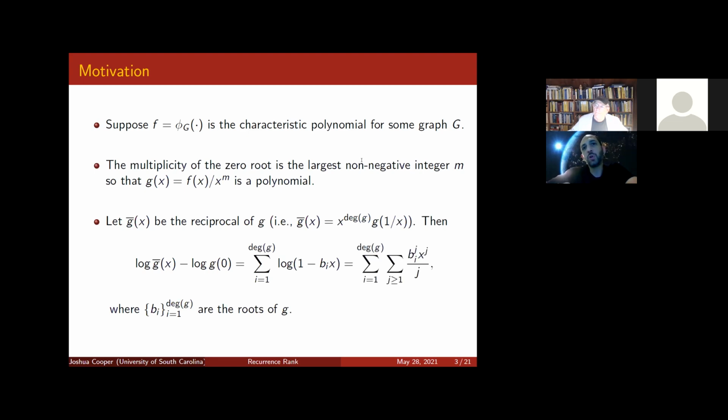And, assuming this converges, but let's treat it formally for now, you can write it using the Taylor series for log, and it looks like this. The coefficients have these b_i put to the jth power and divided by j, summed over all the i's.